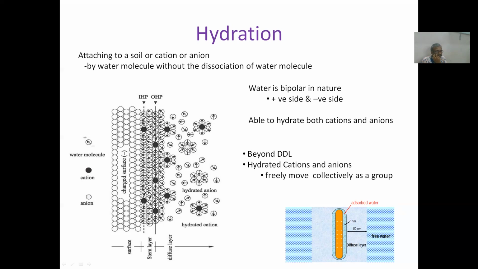An anion is negatively charged, and because of hydration, water molecules surround it with the positive side of the water molecule facing it. And here the cation is positively charged, and the negative side of the water molecule gets attached.